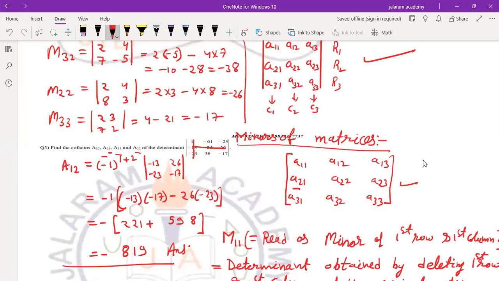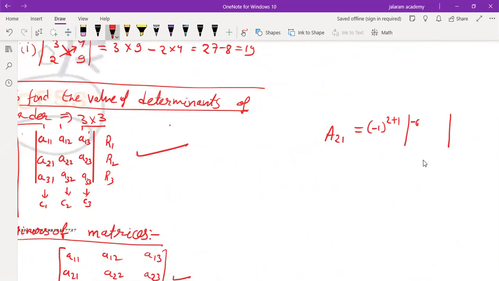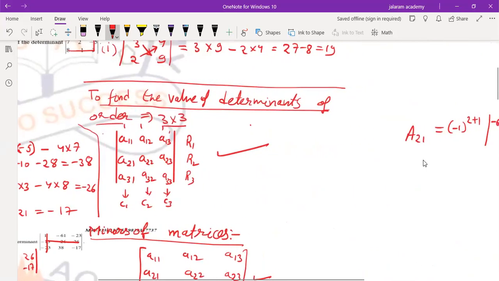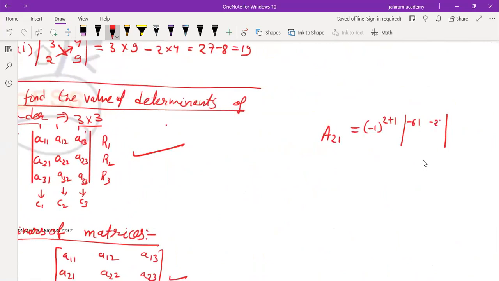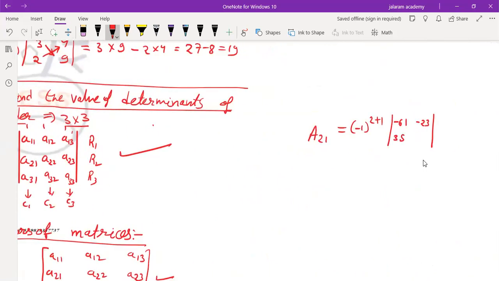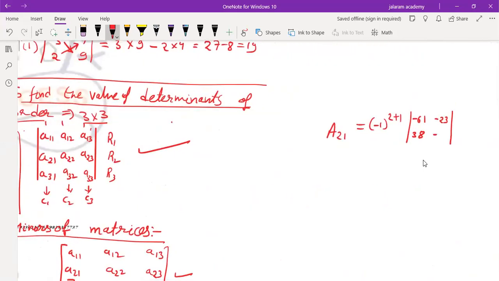What will be the result? Minus 61, minus 23, 38, minus 70. Multiply them to get the answer.